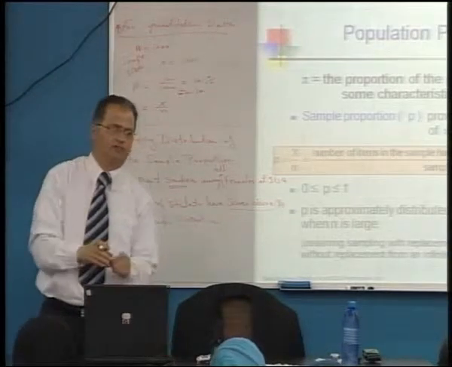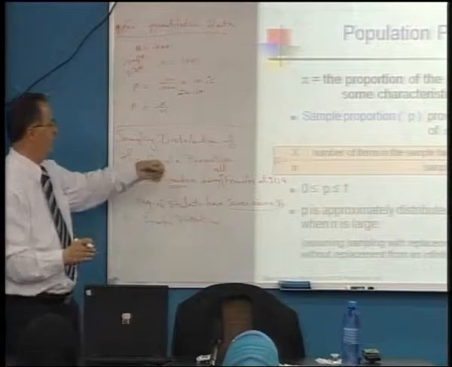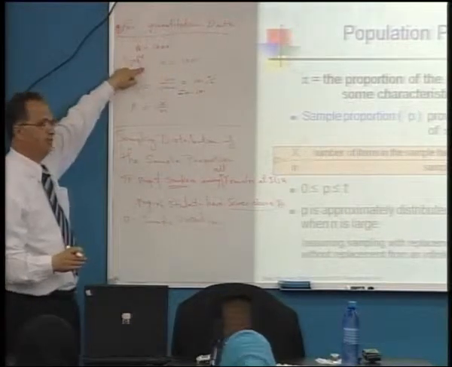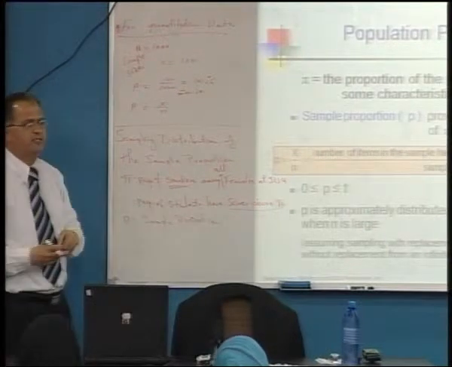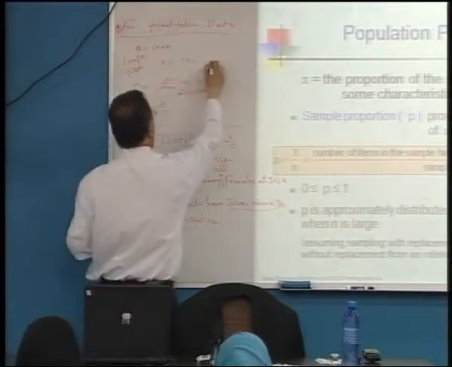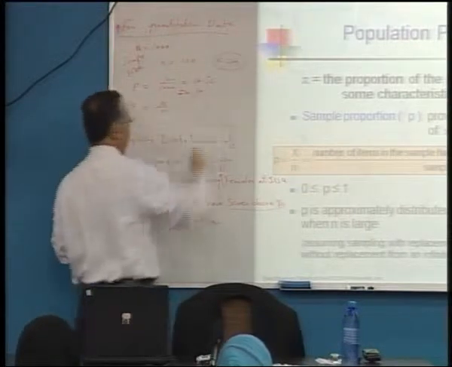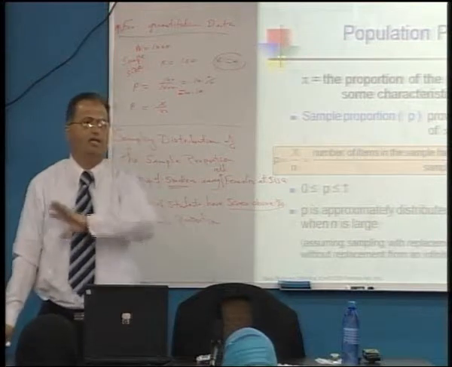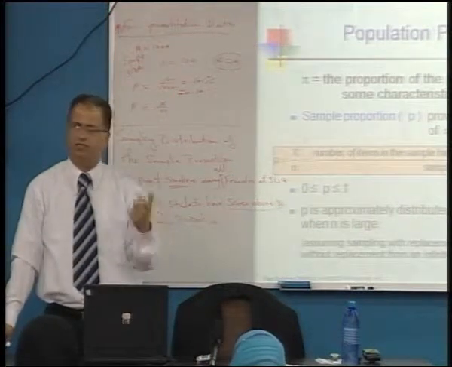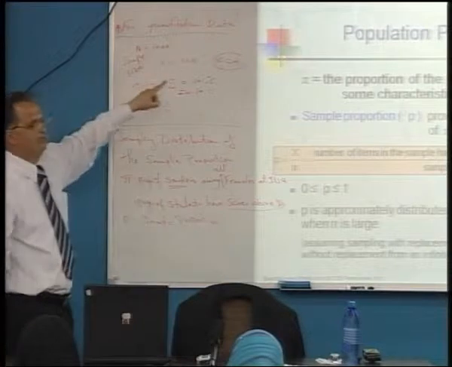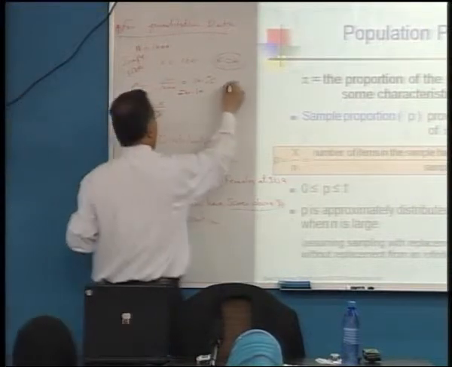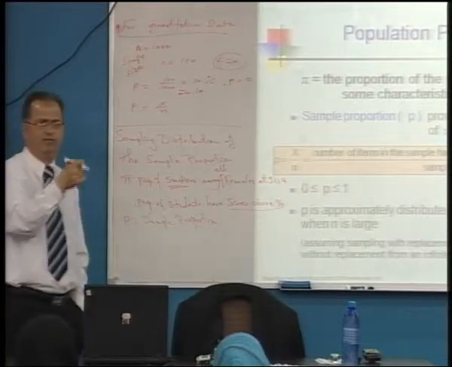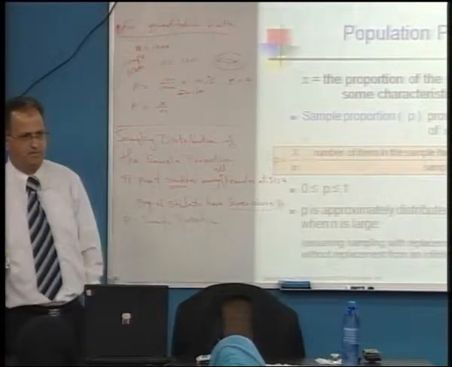X is the number of items having the characteristic you have. n is the sample size, so p equals X over n. Sometimes X might equal 0. So for example, suppose I select a random sample of size 1,000 and none of them is a smoker. In this case, X equals 0. That means the percentage equals 0. So we can have 0% if X equals 0.